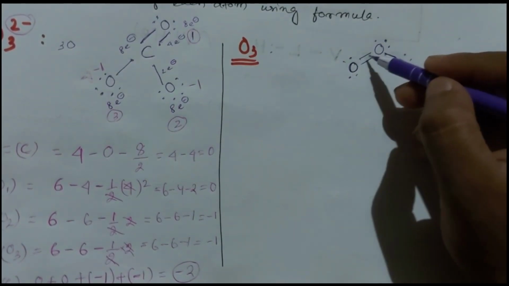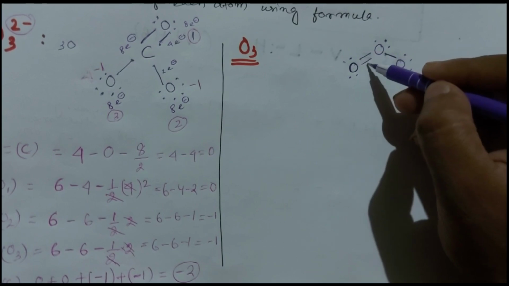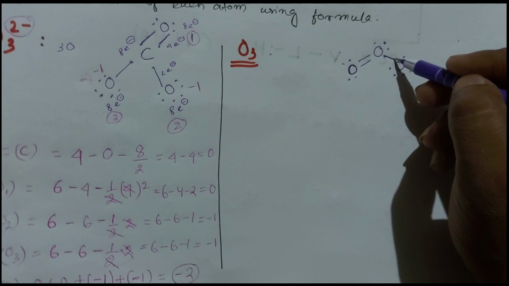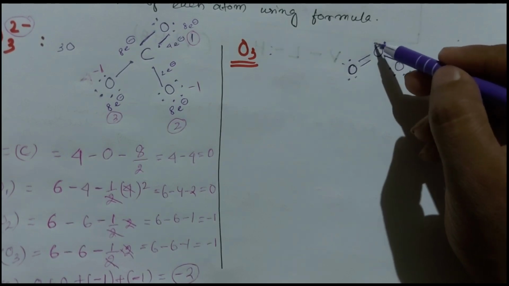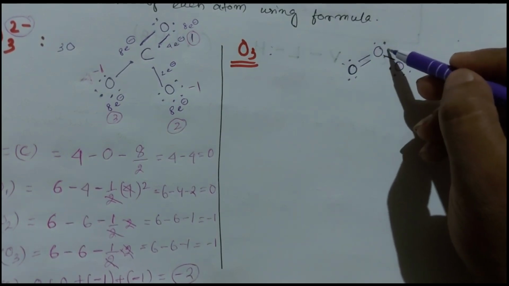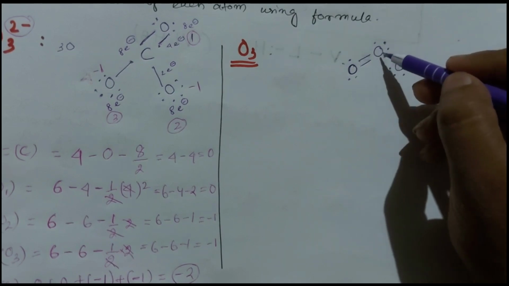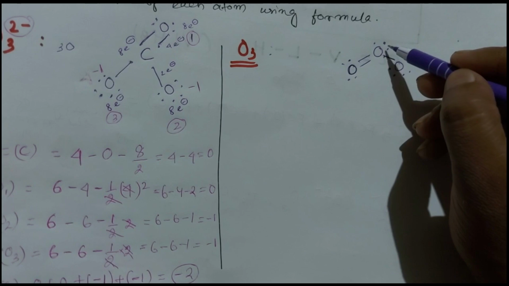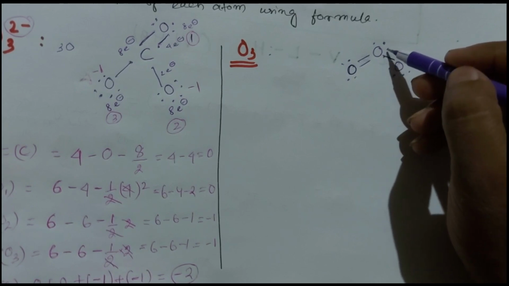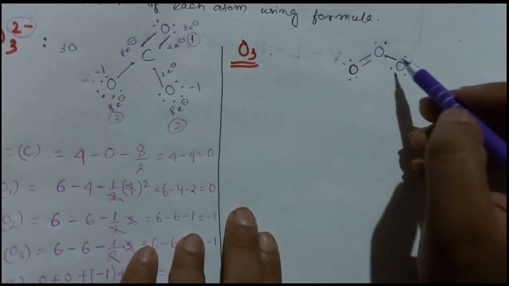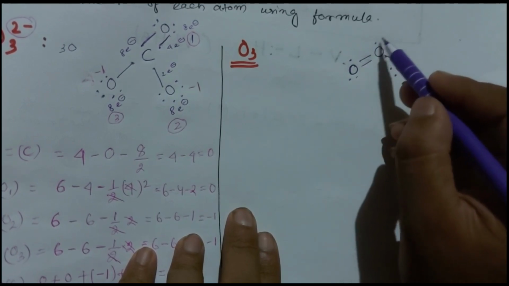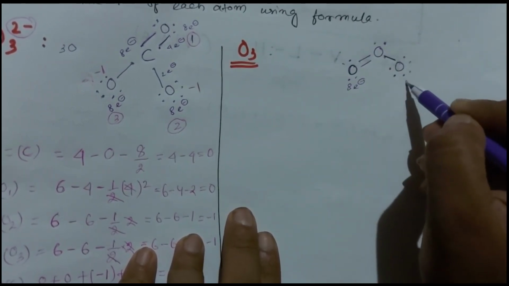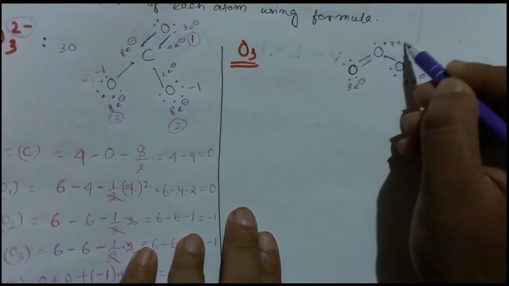Now this oxygen has 2 electrons, 2 electrons, 4 plus 2 electrons, that is 6 electrons, and here 7, 8, 9. 3 electrons, and that is 9 electrons. So oxygen cannot exceed more than 8. Therefore we have to remove 1 electron from here. Now all the atoms contain 8 electrons. This is 8 electrons, this is also 8, this is also 8.